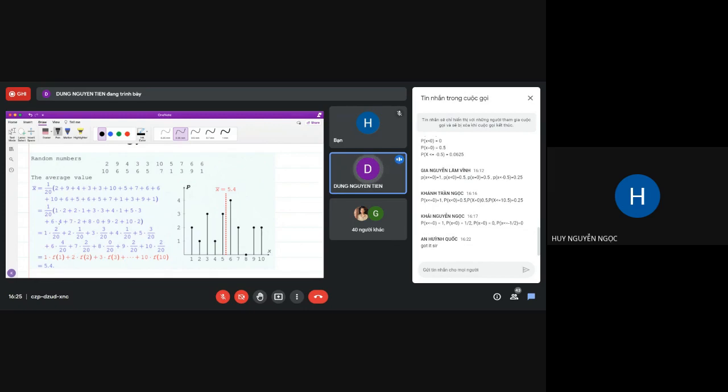Now you can see that 2 over 20 is the relative frequency of number 1 in the sample. There are two number 1s.